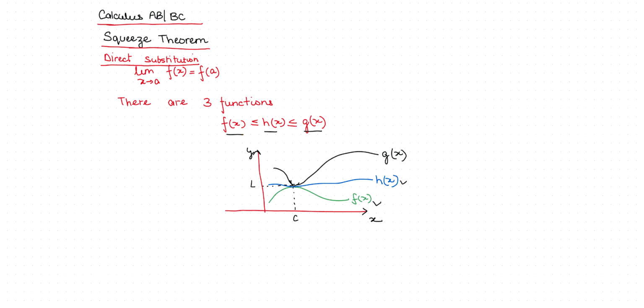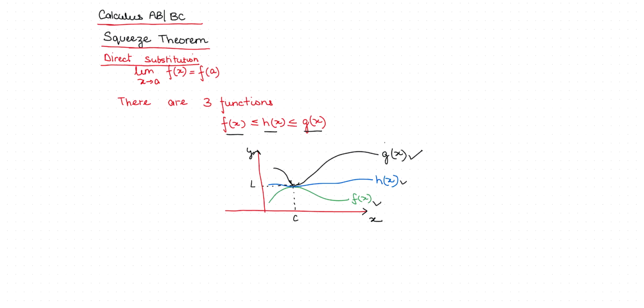Or we can say that h of x is sandwiched between g of x and f of x. So, squeeze theorem says that the middle function, or we can say here the h of x, is trapped between two simpler functions, that is g of x and f of x.